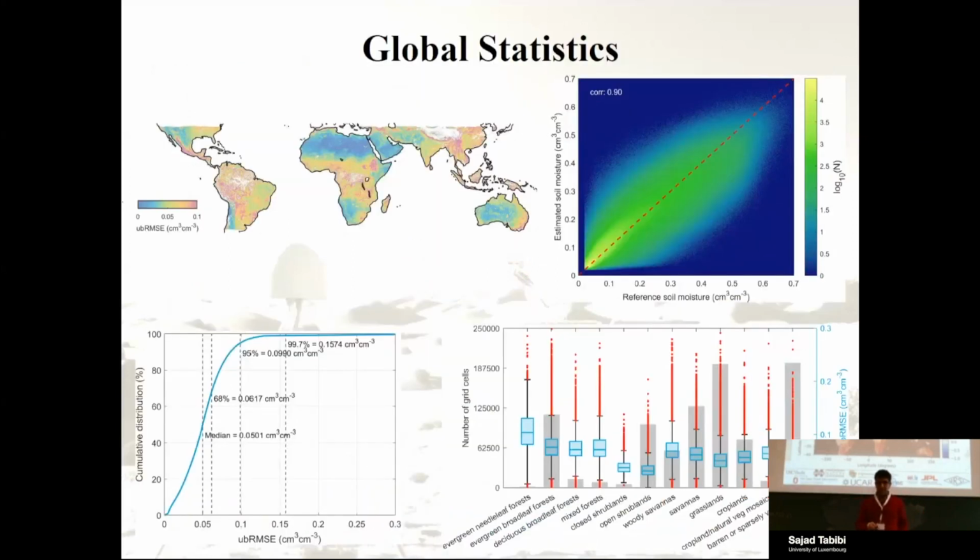They are not here and are still investigating this technique. So here is just to show the unbiased RMS of our result globally, and it's pretty good. And then here we show the color map of our estimate with respect to the reference, and there is no bias. And as you can see, the cumulative distribution of our unbiased RMS is better than 0.5.